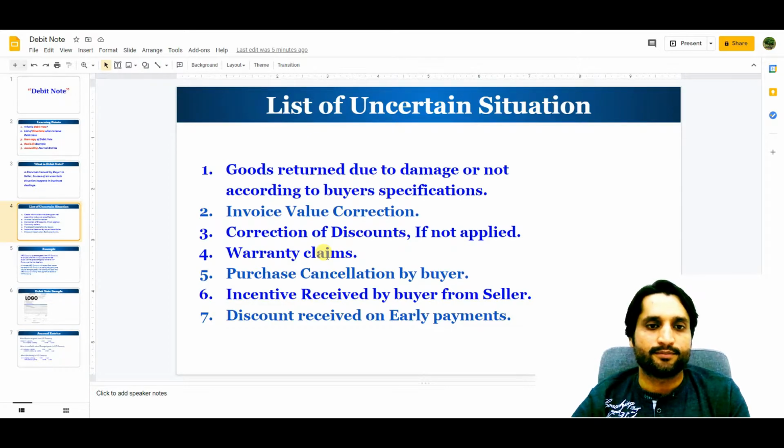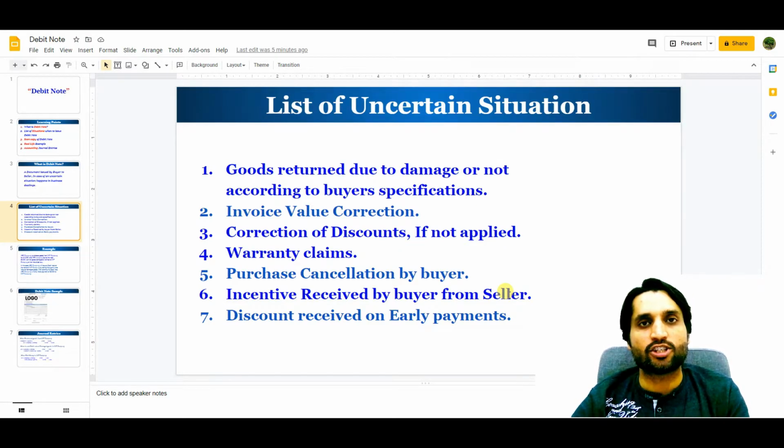Warranty claims, purchase cancellation by the buyer, and incentive received by the buyer from the seller. Sometimes the sellers have targets, such as if this company buys 100,000 goods in one year, we will give them an incentive of this percentage.